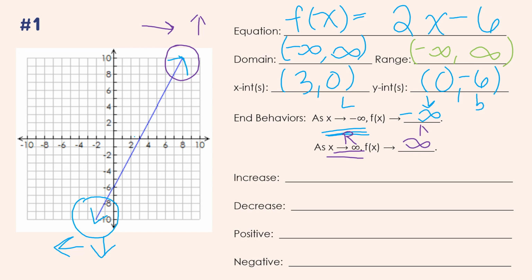These two end behaviors for a line should be opposites, because a line will go up and down. So one end goes down, one end goes up, unless it's horizontal. And again, you're not going to analyze a horizontal line.